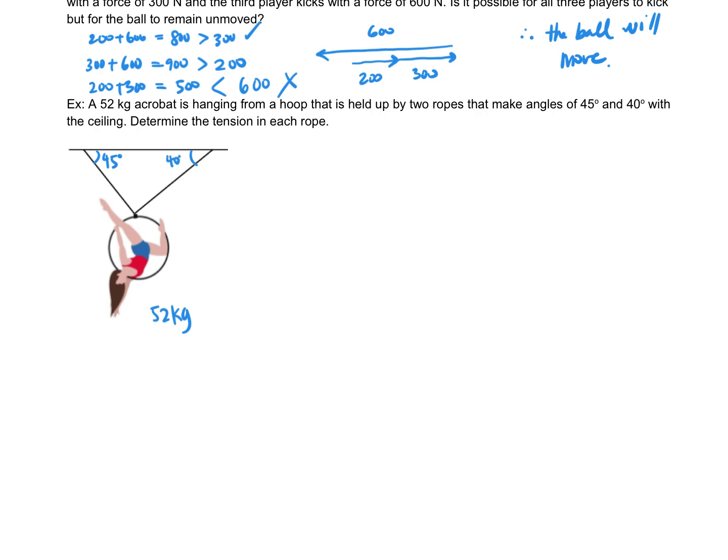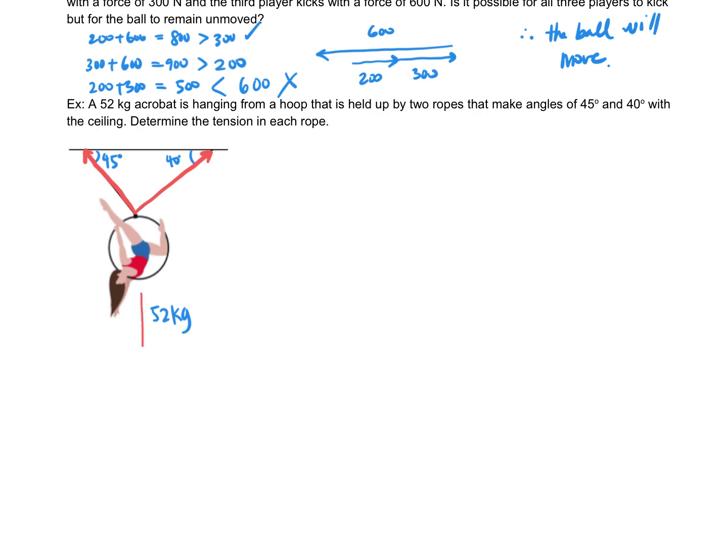Now, there are no forces given here, but we do have 3 forces that come into play. The first 2 are the tensions in each rope. So we have one force acting on one rope toward the ceiling, and then another one this way. Then we have a force for the acrobat itself.